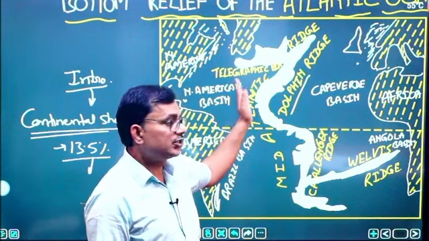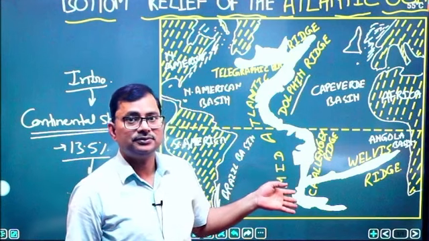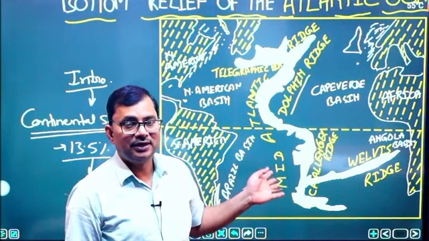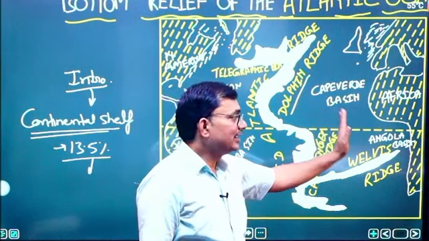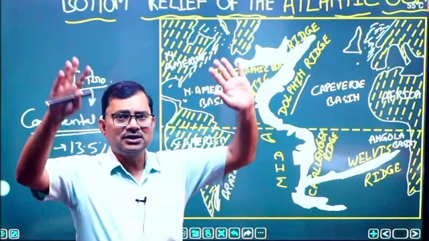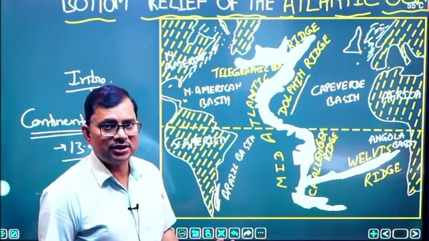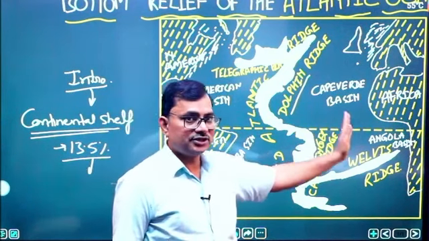इसके सेंट्रल पार्ट में जब रिज बन गया तो definitely it divided into two basins, west basin and east basin. On the large scale, simply you can say Atlantic Ocean has two basins, one western basin and eastern basin.